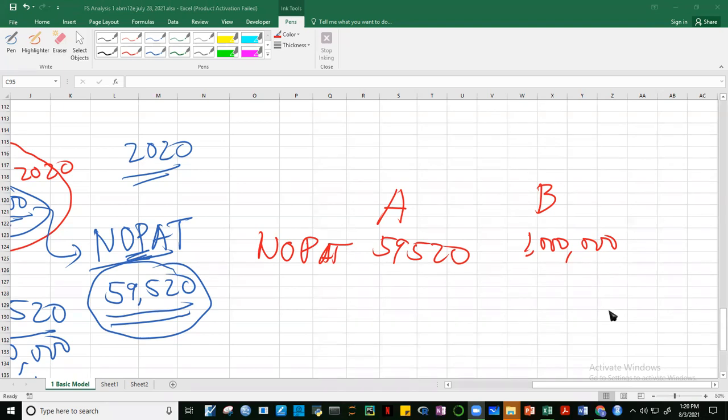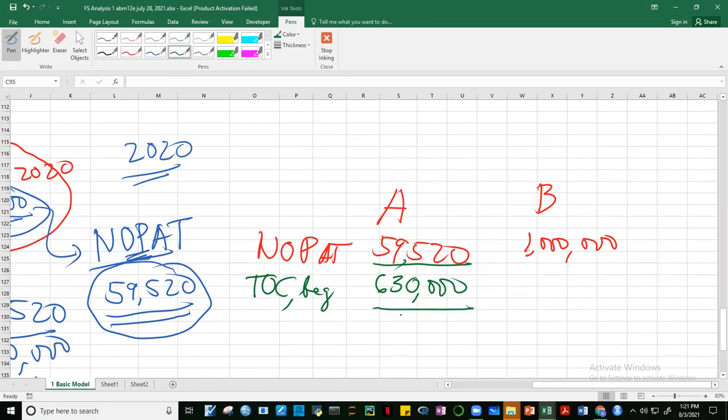But guys, when you're asked which one is more efficient, better performing, we cannot just base it on the NOPAT. Why? Because we need to know how much capital A used. That is, its total operating capital at the beginning of the year. It was 630,000, right? In other words, A was able to generate 59,520 of NOPAT using 630,000 of total operating capital.